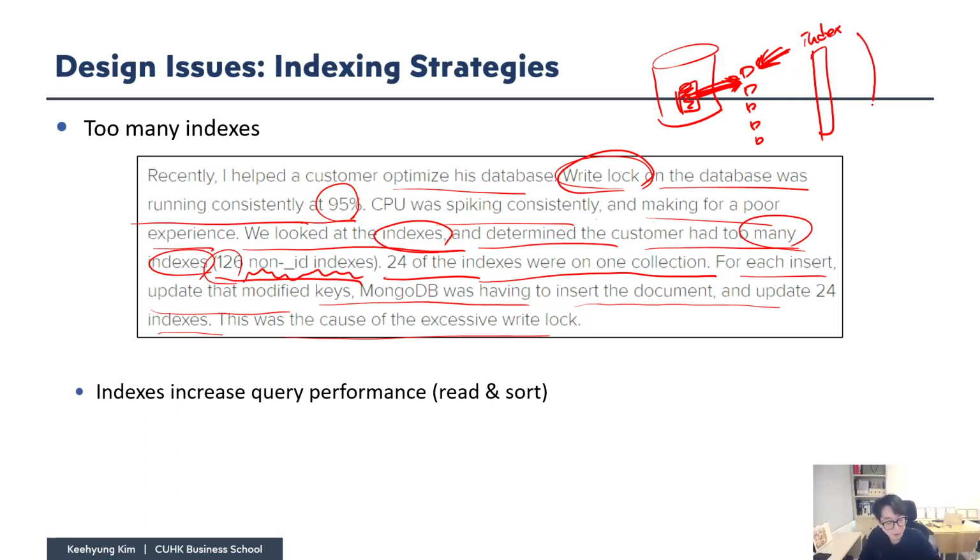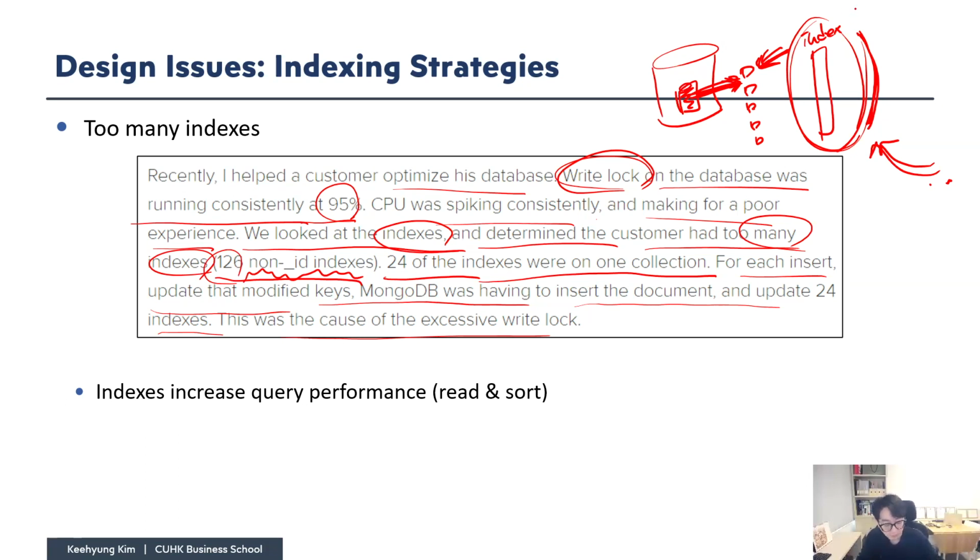And while the index is being updated, the database system limits another update. Another update request should wait first, because the index should be updated first, and then it can receive another update request to the database system on the same collection.